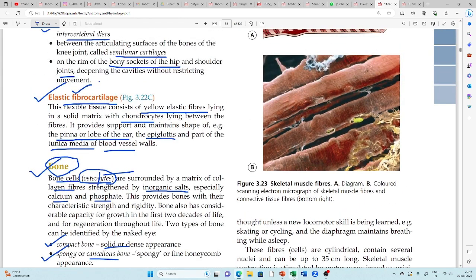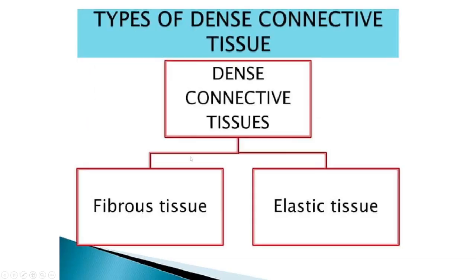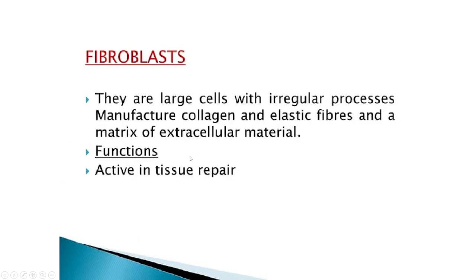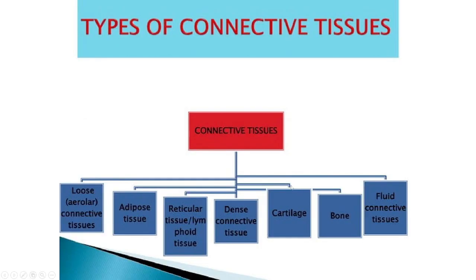Once again I will tell you in the presentation. Okay, here you can see the types of connective tissue. First one is loose connective tissue, second adipose connective tissue, third reticular tissue, fourth dense connective tissue, then cartilage, bone, and fluid.